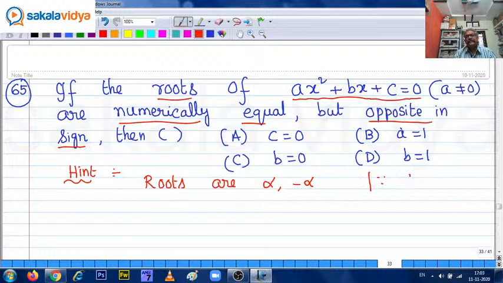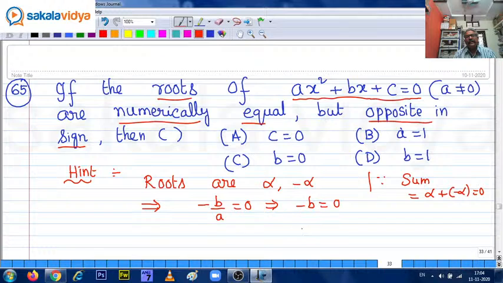That means sum equals alpha plus minus alpha equals 0. So numerically equal but opposite in sign means sum is equal to 0. Sum means minus b by a. Minus b by a equals 0. By cross multiplication, we get minus b is equal to 0. Multiply with minus 1. So b equals 0. That means coefficient of x equals 0. See, 65.